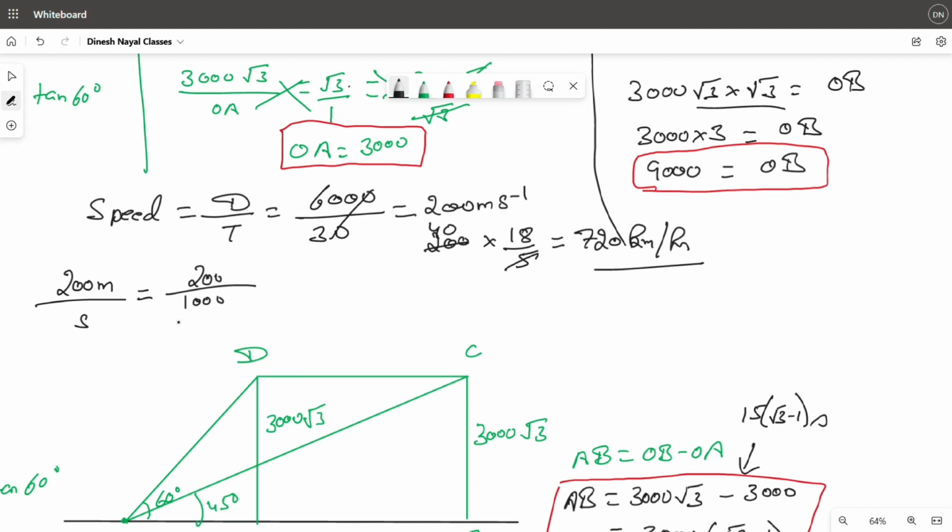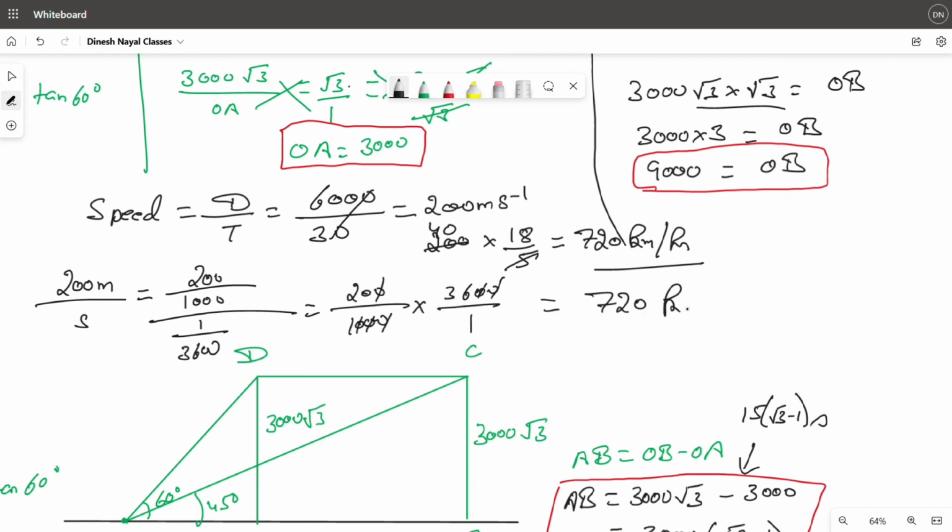Similarly, you change 1 second to 1 hour by dividing by 3600. So this will be 200 upon 1000 into 3600 by 1. We cancel the zeros. 36 times 2 is 72 and there is one more 0, so 720 kilometers per hour. Either way, according to your convenience.